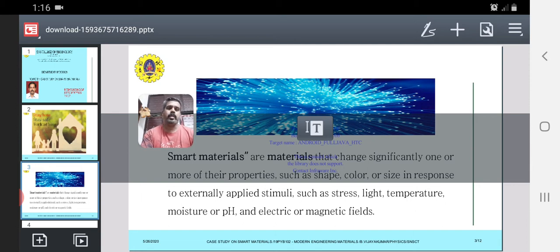For example, with an electric field the shape will be changed. Based on this property we have applied it in different applications in different fields.